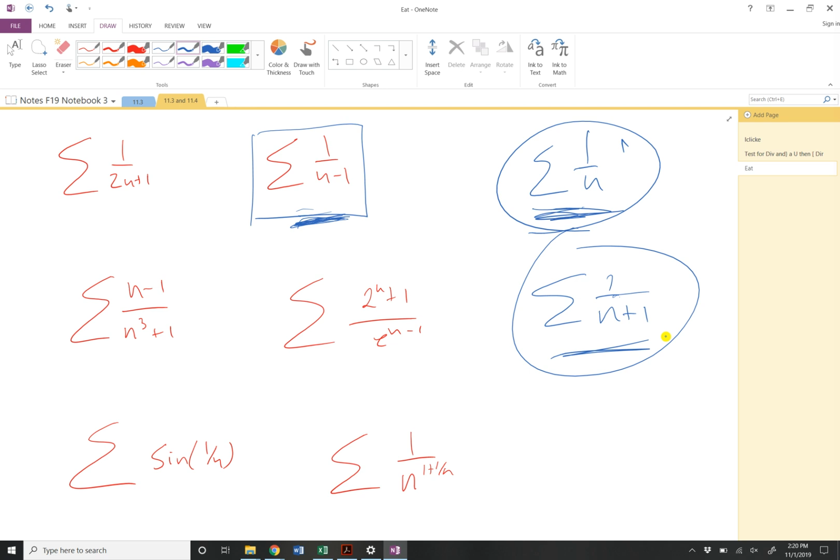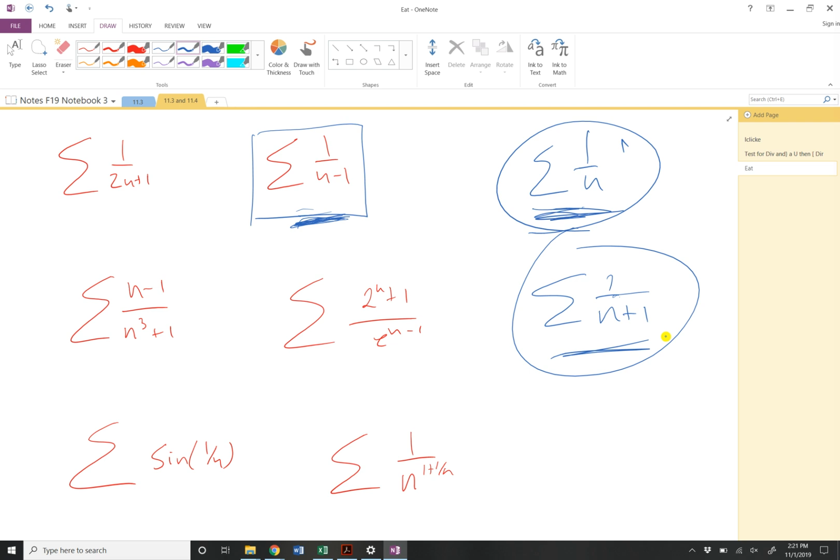All we know is it's smaller than a divergent sequence. What does that tell us? Absolutely nothing. There are divergent sequences smaller than any divergent sequence you give me, and there are convergent sequences smaller than any divergent sequence. All the convergent ones are smaller. So it doesn't tell us anything. We just know it's smaller than a divergent sequence. But still, intuitively, you're like, they ought to behave the same.